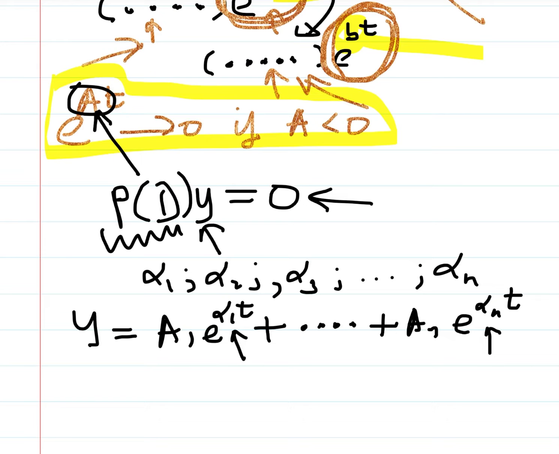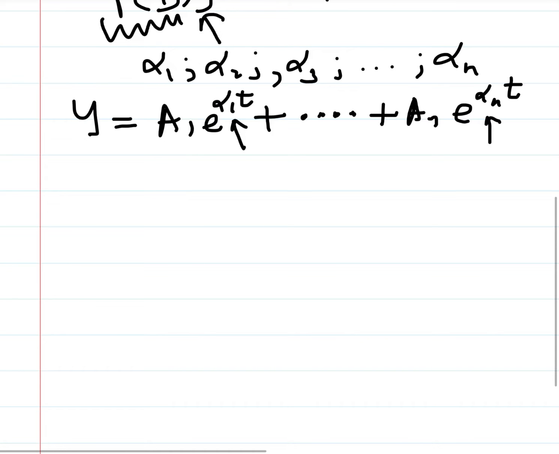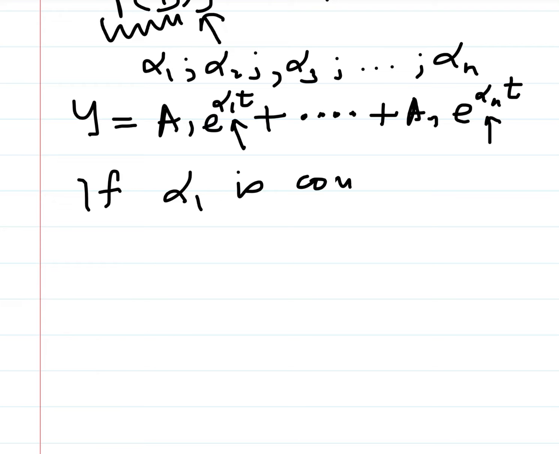supposedly imaginary, complex? You may recall that if any of these roots was complex, then there was a complex conjugate. In that case, the solution, or part of the solution, so let's suppose we had the complex case. So if, say, alpha 1 is complex, then of course there'll be a complex conjugate.